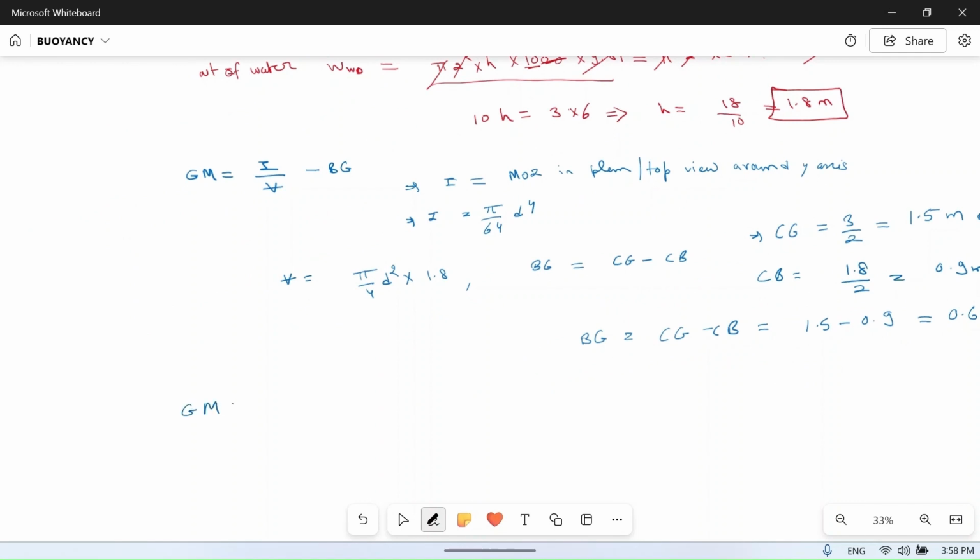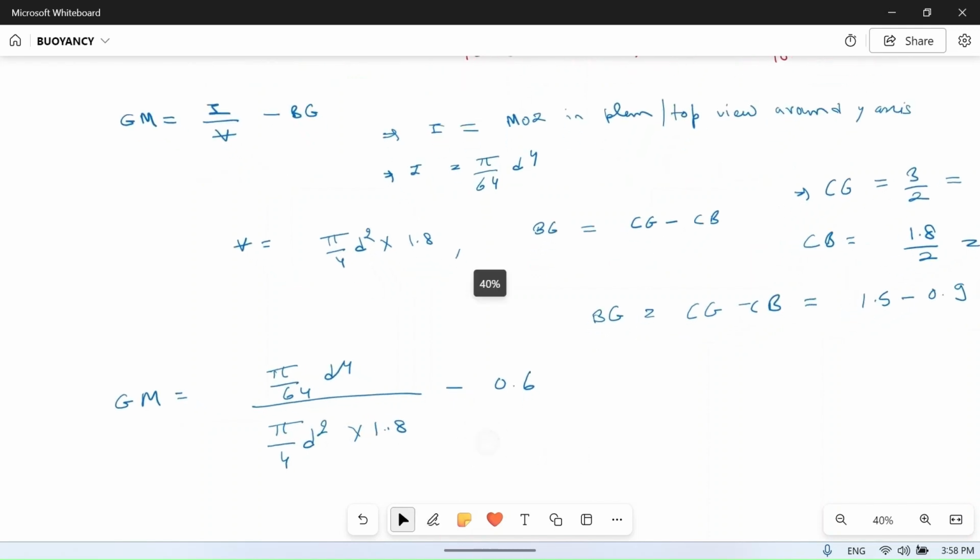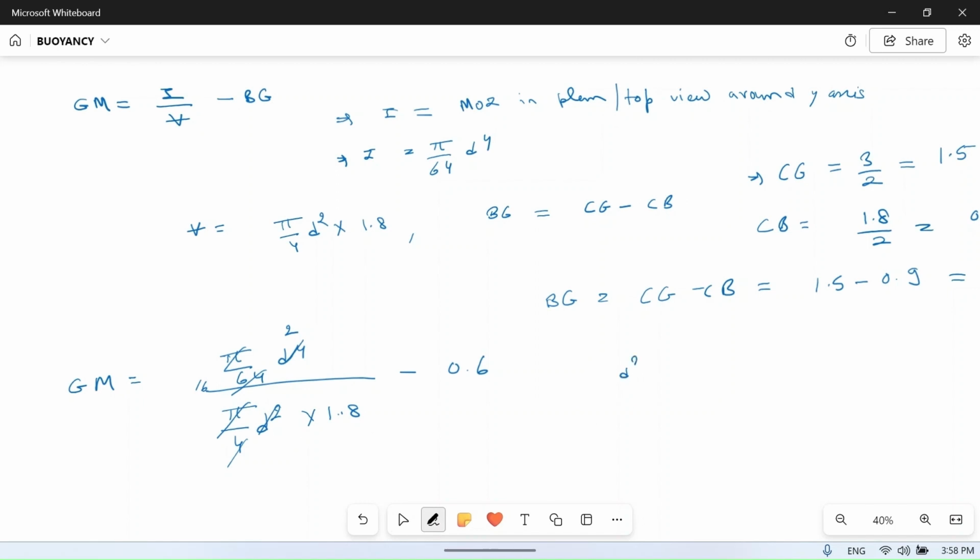So we will put them in the formula: GM is equal to pi by 64 d to the power 4 divided by pi by 4 d square into 1.8, minus 0.6. So pi will be cancelled here, 4 will be cancelled here, it will be 16, and d square will be cancelled, it will become d square by 16 divided by 1.8, minus 0.6.